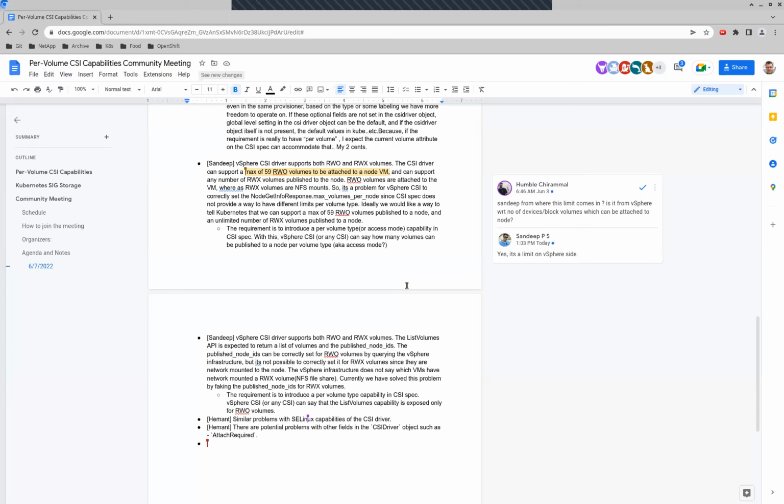Well, I'm imagining some CSI spec change that when you create a volume, you get returned an additional piece of some key into some table, right? An additional key that says what the volume protocol or the volume type is, or some field that we have to identify, that would be the key you use to look up the correct CSI driver object.